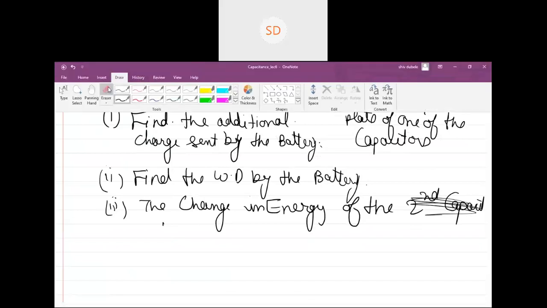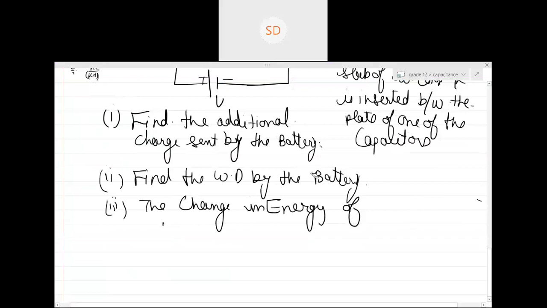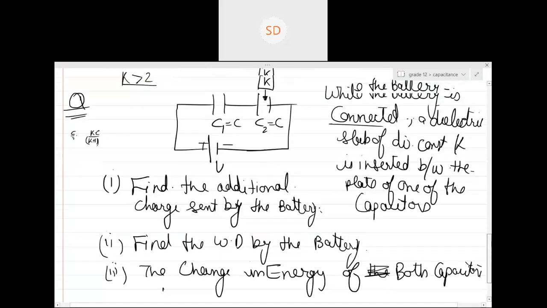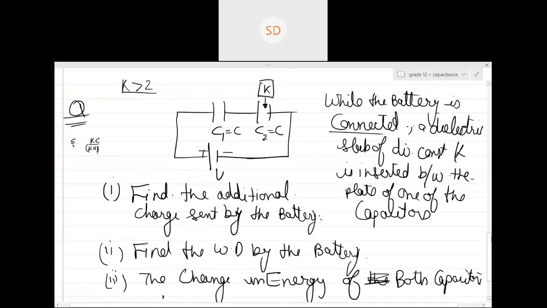Yes, start doing the question now, guys. Of the change in energy of both the capacitors. Yes, this is the question, guys. Please note it down. Find the change.